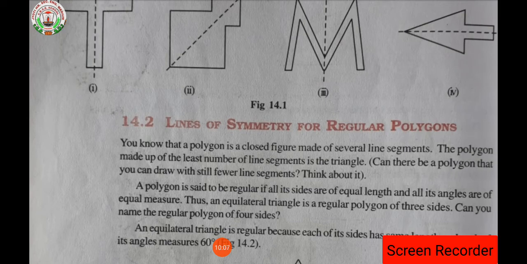We had already studied polygons in previous classes. So here we are going to see the lines of symmetry under polygons. The polygon made up of the least number of line segments is the triangle. Triangle is the least.